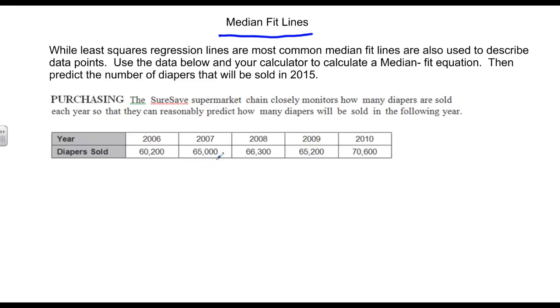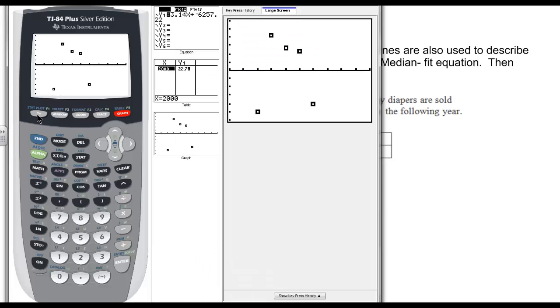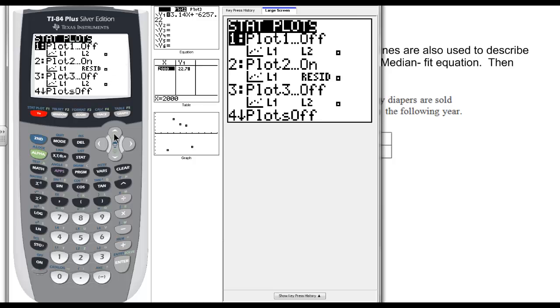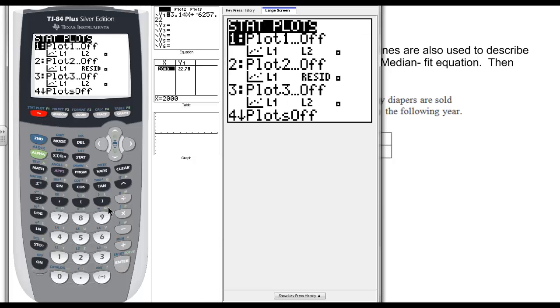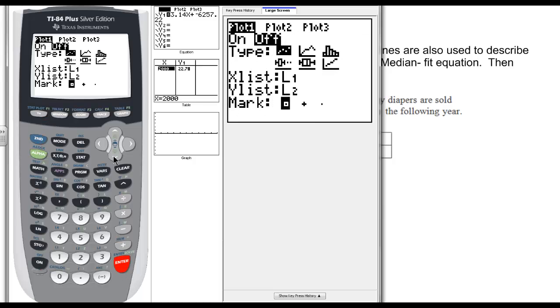And here's the data I need. So we're going to go back to our calculator. We're going to go back to stat plot. We're going to turn the second stat plot off because that's calculating our residuals. We'll go up to stat plot again and turn our first stat plot on.